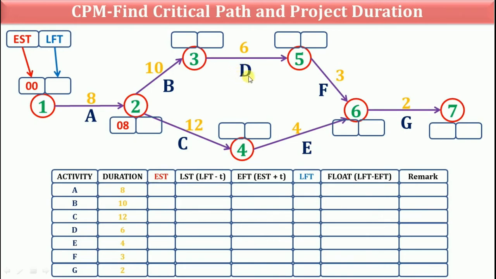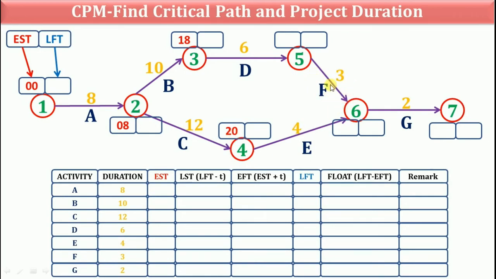Similarly, for activity D, earliest start time will be 8 plus 10, 18 days. Earliest start time for activity E will be 8 plus 12, 20.